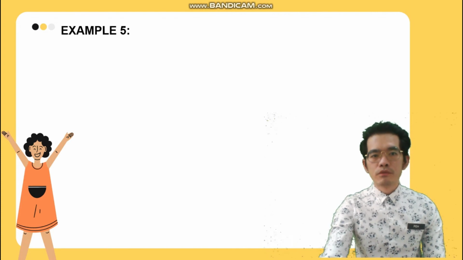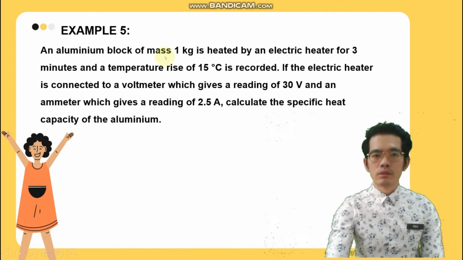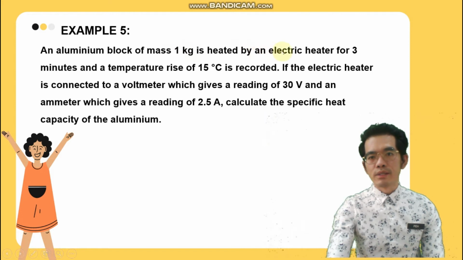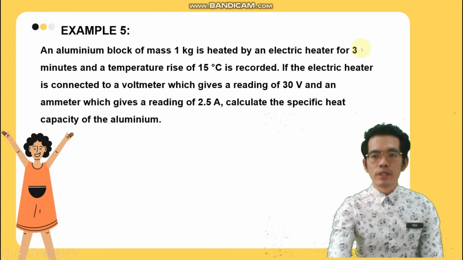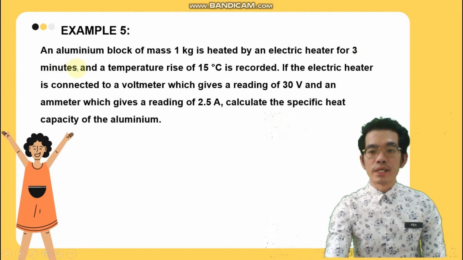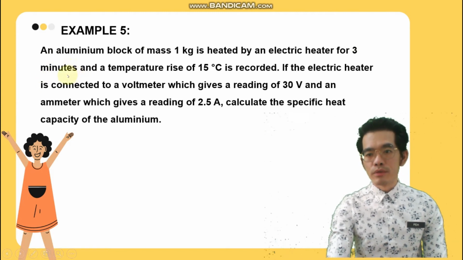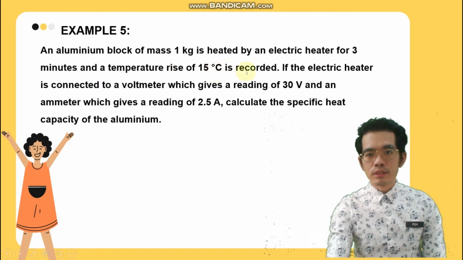So come to the next example. An aluminium block of mass 1 kg is heated by an electric heater, quite similar to the question of example 4. For 3 minutes, here we need to convert it to the SI unit by multiplying with 60, and a temperature rise of 15 degrees Celsius is recorded.